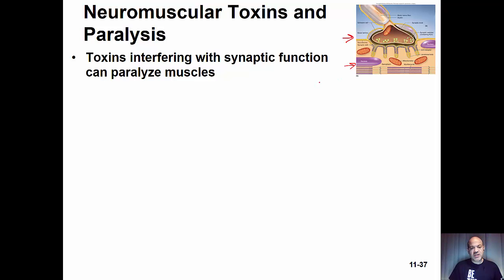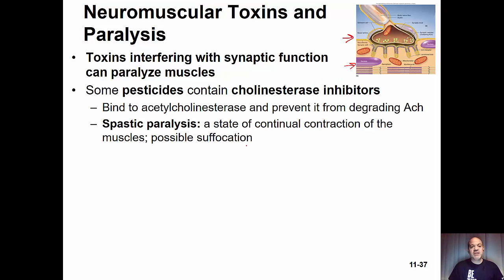So we can see how toxins can influence this in a negative way. For example, some pesticides are or contain cholinesterase inhibitors. Remember from earlier in the lecture that there is an enzyme that breaks down the acetylcholine, which is necessary. If you don't get rid of the acetylcholine, then your muscle is going to keep contracting. So acetylcholinesterase would break down the acetylcholine and get the muscle to stop contracting.